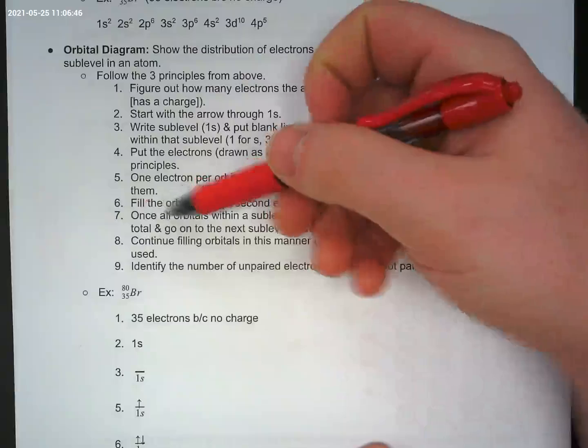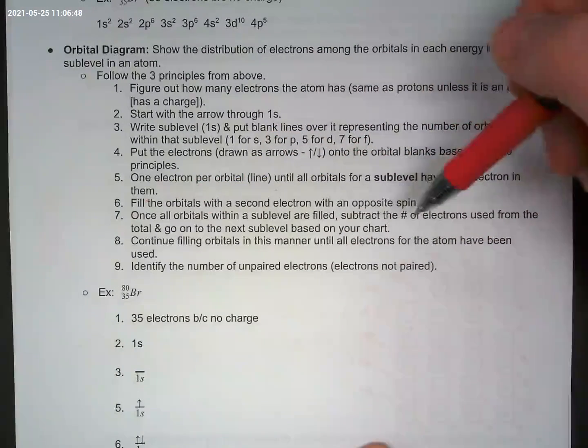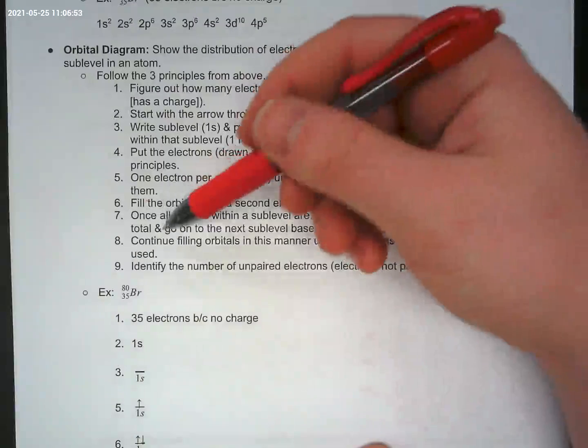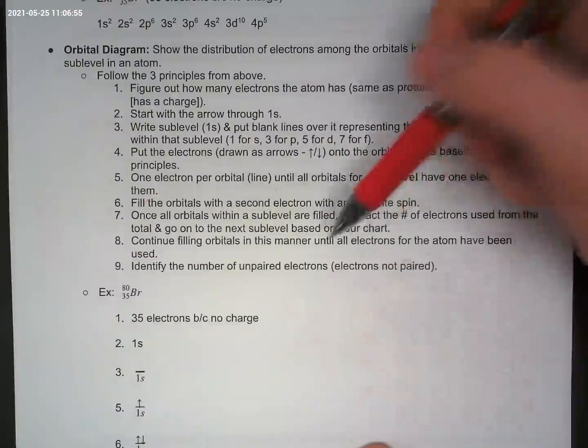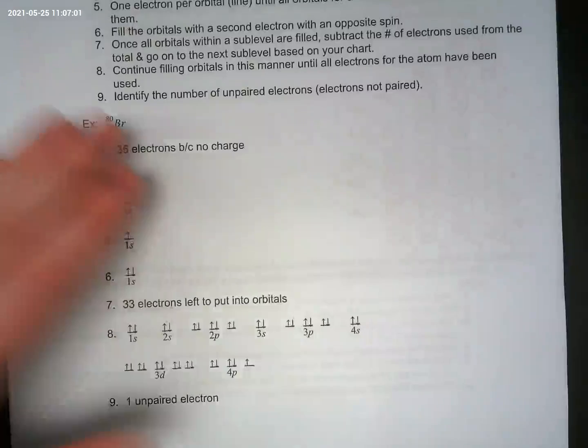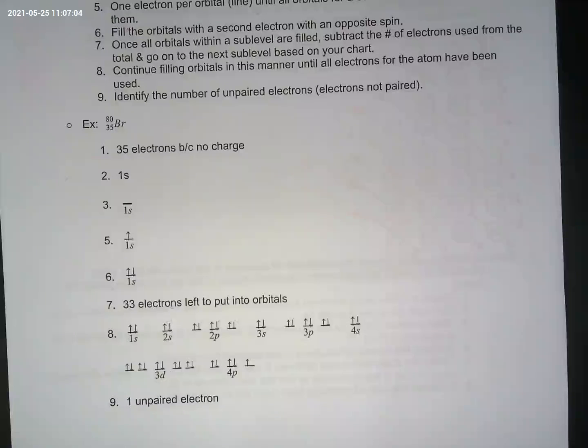Once all orbitals within a sublevel are filled, subtract the number of electrons used from the total and go on to the next sublevel based on your chart. Continue filling the orbitals in this manner until all electrons for the atom have been used, and identify the number of unpaired electrons. And here's an example still using bromine.